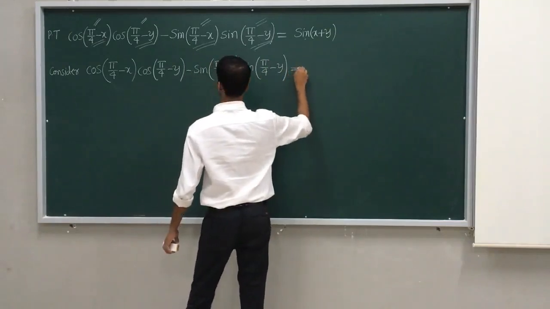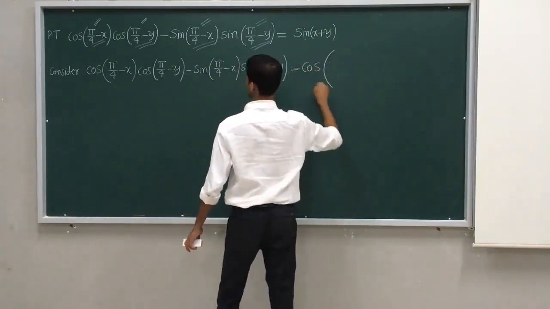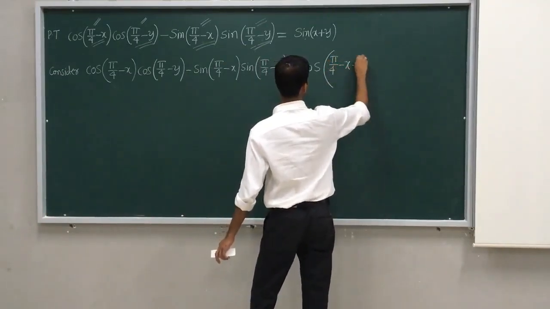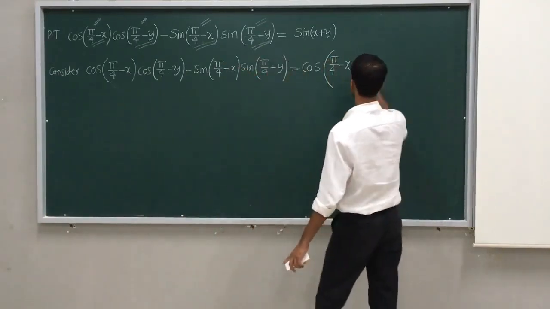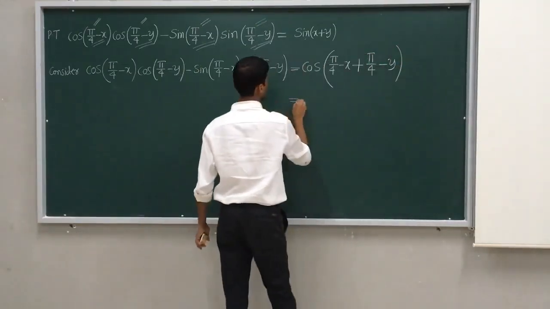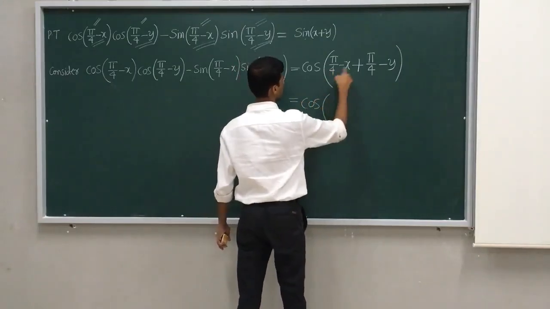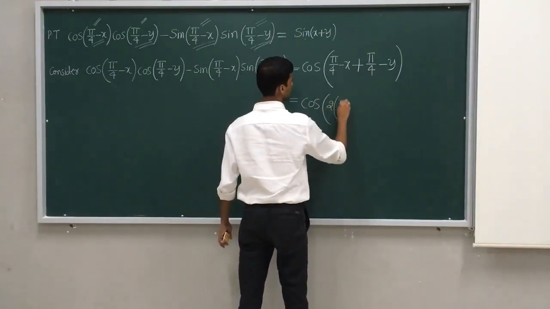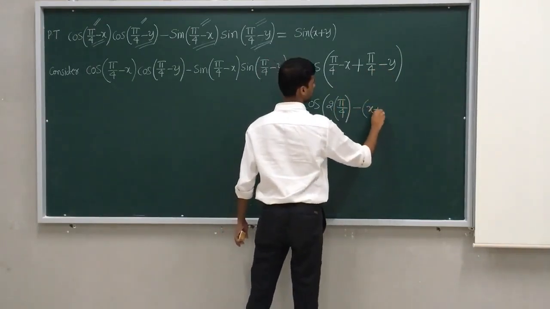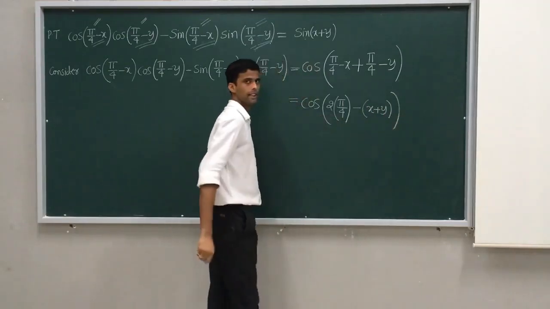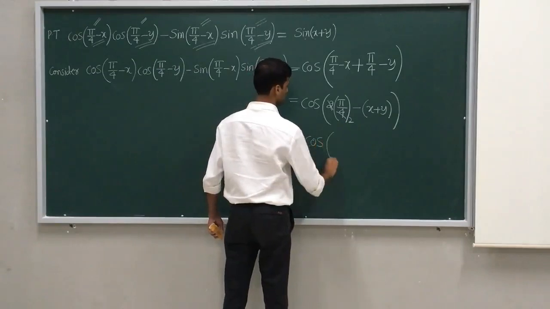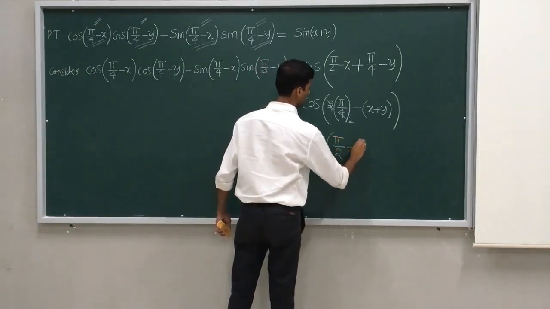You can write this in short form as cos of x plus y, where x is pi by 4 minus x and y is pi by 4 minus y. When I simplify, pi by 4 plus pi by 4 is 2 times pi by 4, and minus x minus y, I take minus common, leaving minus of x plus y. So 2 ones are 2 twos are, which is nothing but cos of pi by 2 minus of x plus y.